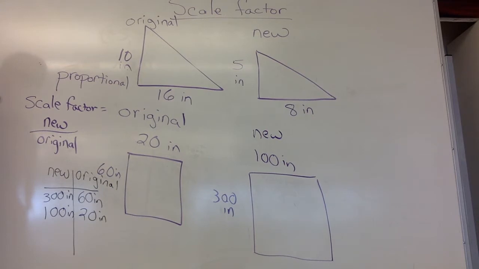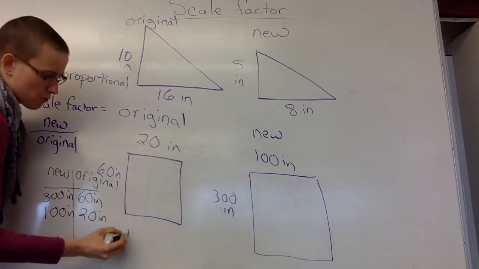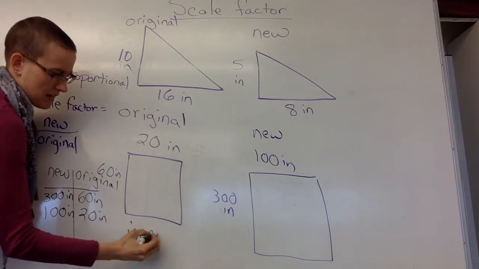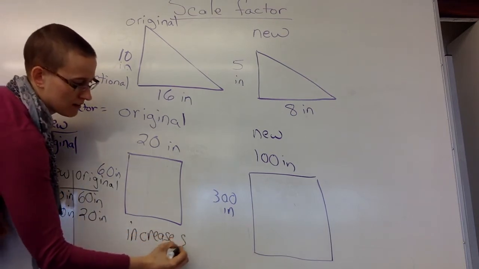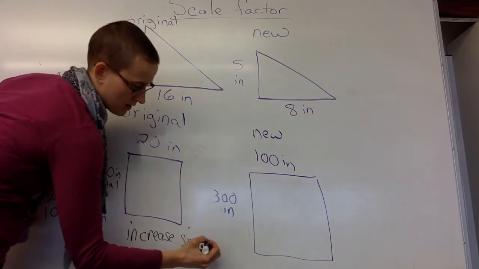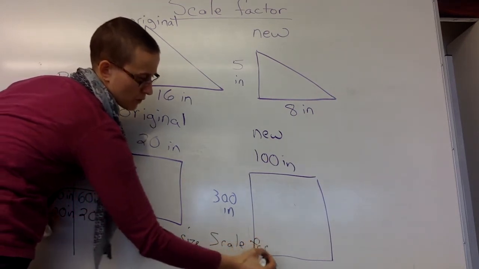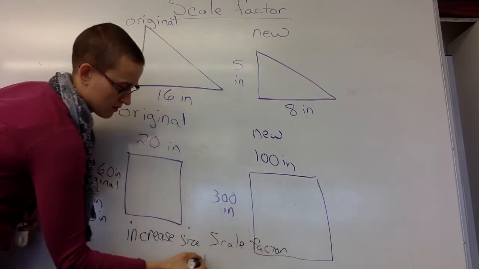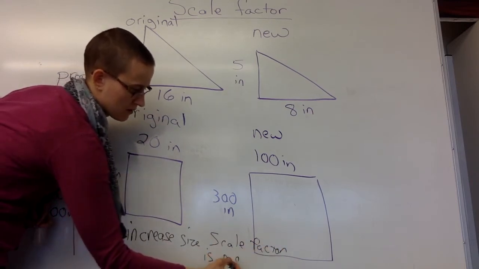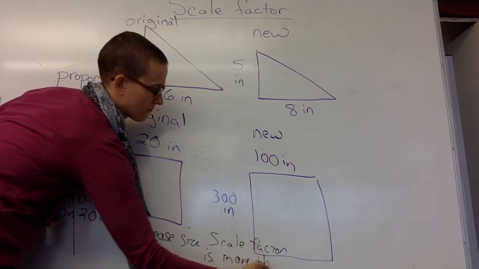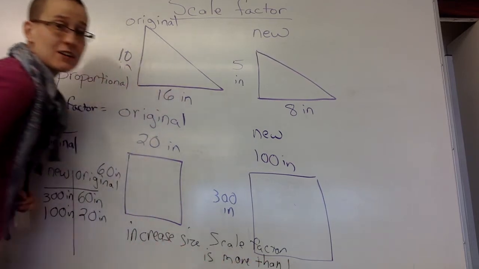Now I want to see what the scale factor that it's increased by is. So if I'm increasing it, I'm going to have a scale factor greater than 1. So if I increase the size, my scale factor will be more than 1. Okay.